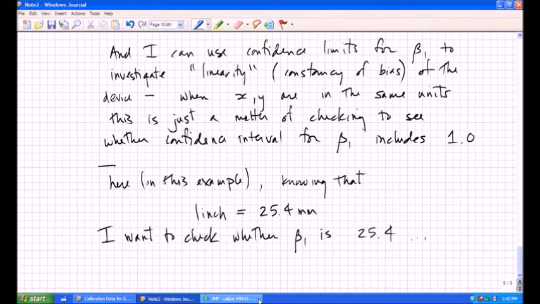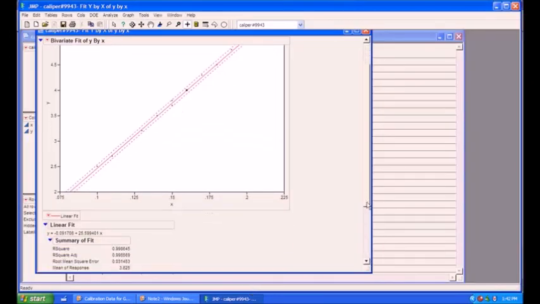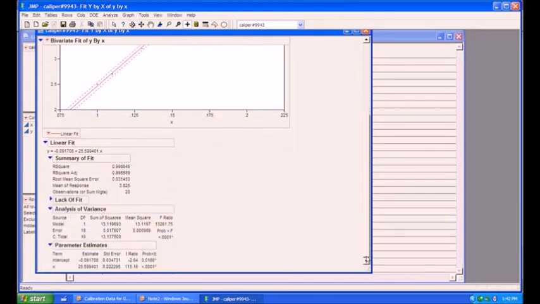Okay. And if I go back to this JMP printout now and look in this parameter estimates table, there is an X line that says the least squares slope is 25.599, and there is its standard error. To 3 decimal places, it's 0.222.